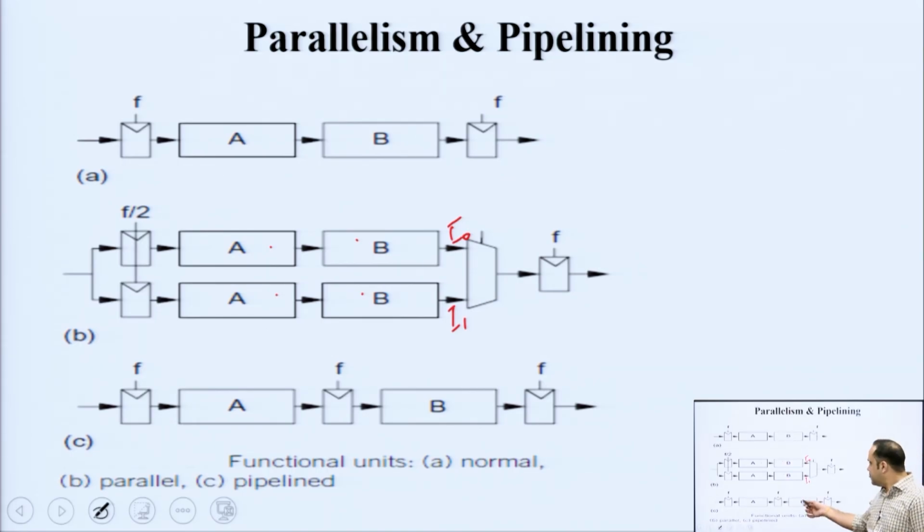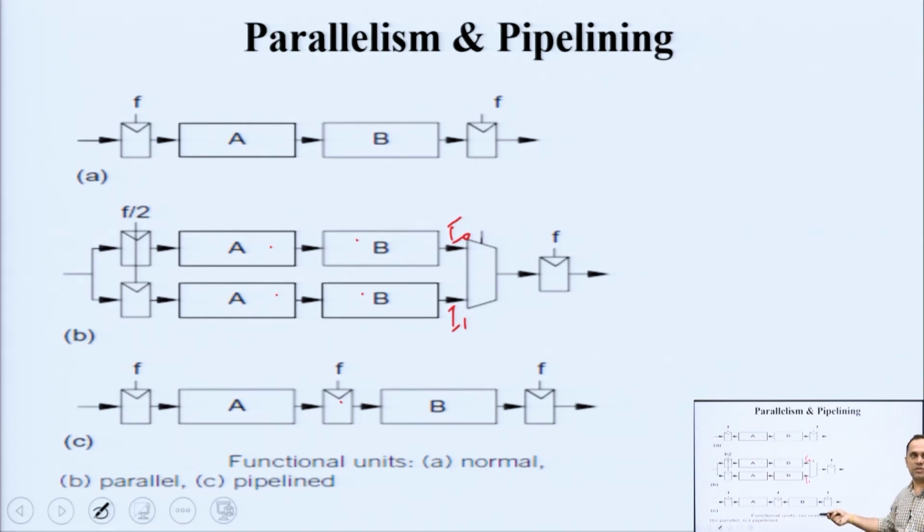Another is pipelining, where you insert a register between multiple stages. The output of A is stored in this register, and then it is transferred to B in another clock cycle. But at the same time, in the same clock cycle, the output of A is again updated. So, if you have n stages, you do not have to wait for n number of clock cycles.